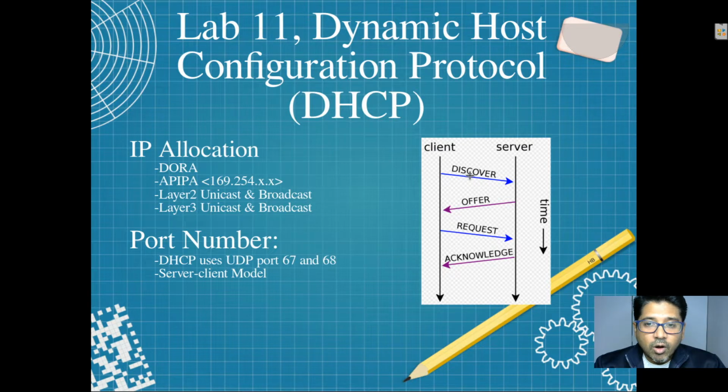How does the discovery happen? Discovery is a broadcast, the offer is unicast, and then you will see whether it is really unicast or also broadcast. And how the ARP is generated, because once you get your MAC and IP, then the network receives the ARP and the entire network becomes aware of that.